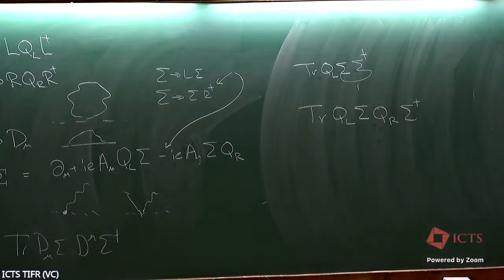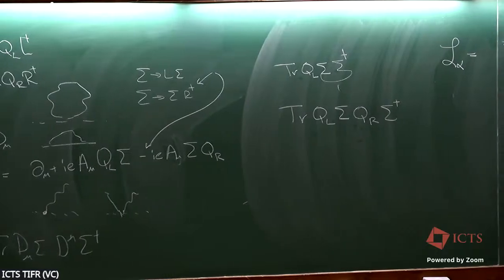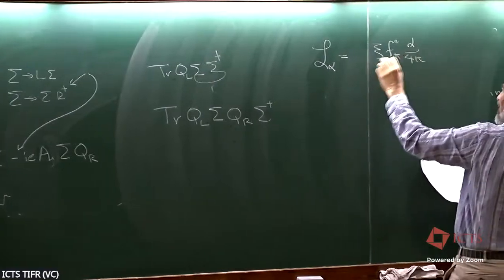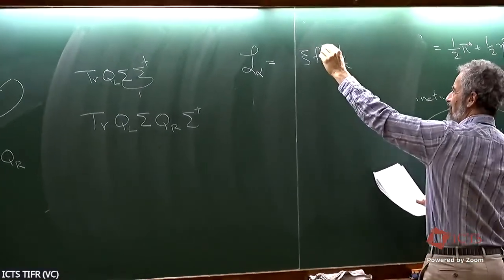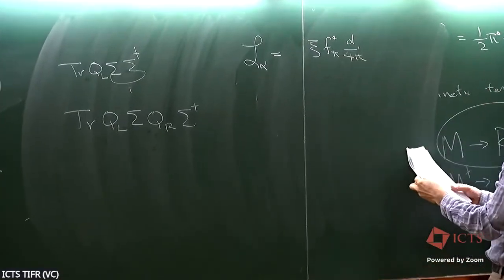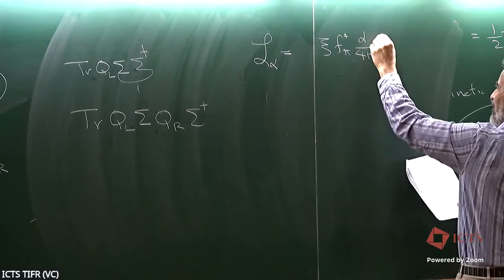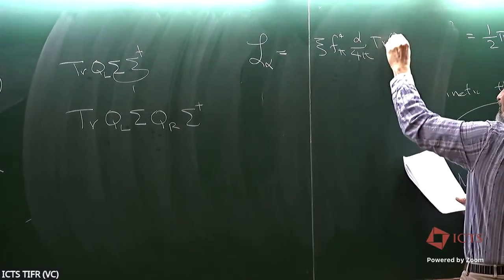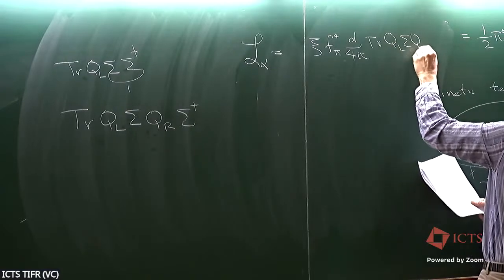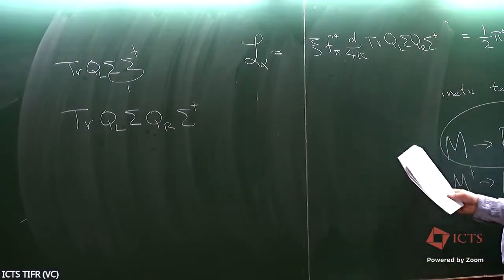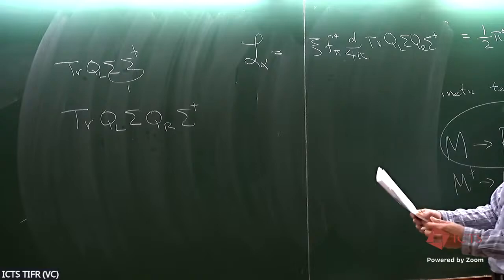So we can write down L, alpha, and write this as some unknown parameter. And this time I'll write an F pi fourth times an alpha over 4 pi. Since I have an unknown parameter, it doesn't make any difference what I put in front really, but the alpha has to be there for sure. And then I'll write trace Q left, sigma, Q right, sigma dagger. And I expand to second order in the pions.